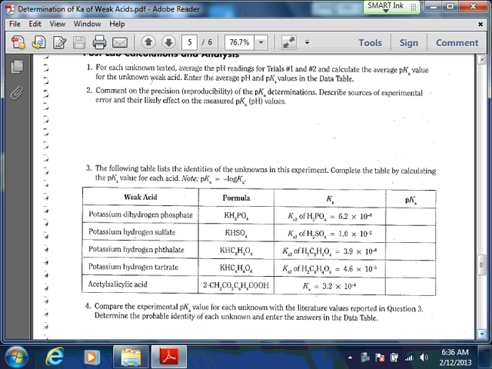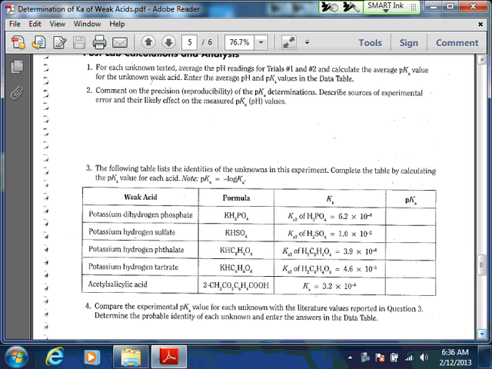Number 3 gives a table of the identities of the unknowns that we had in this experiment. What you need to do is calculate the pKa for each of those. That's not hard. All you do to find the pKa of these Ks is take the negative log of them.